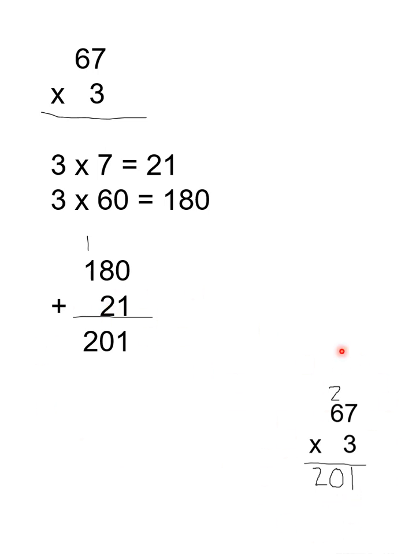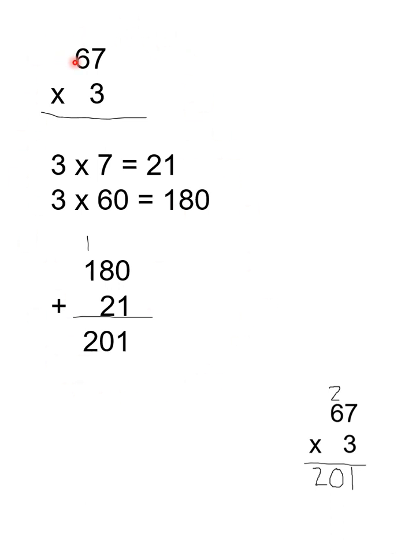Now, I'm going to be honest with you. If you're doing 3-digit, 2-digit, 1-digit, or if you're doing 1, 2, 3, or 4-digit by one digit, it's easiest to do it this way. If you're doing 2-digit by 3-digit or 2-digit by 2-digit, you got to use partial product, okay?